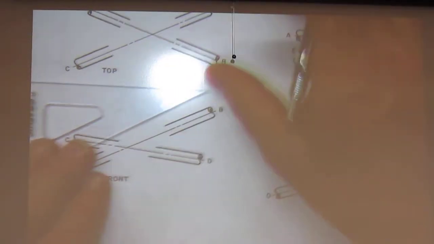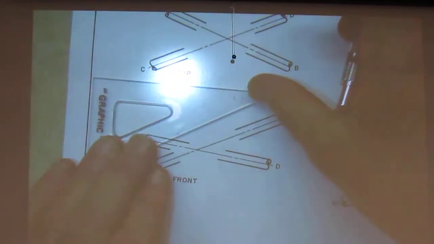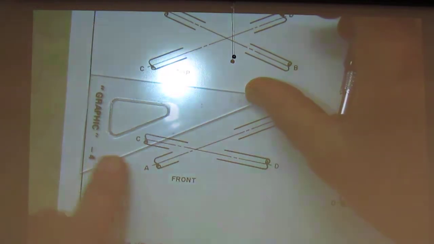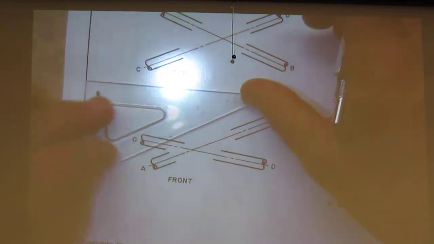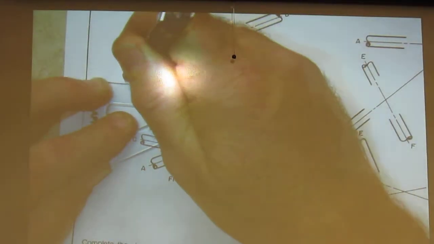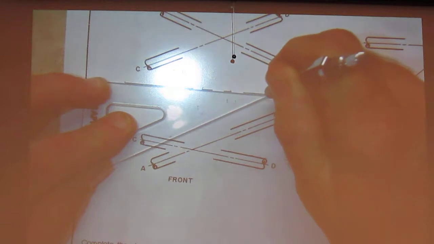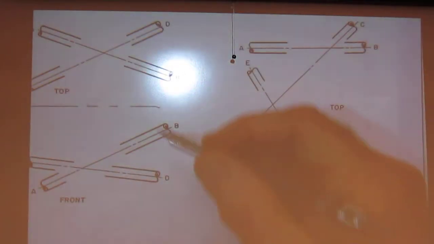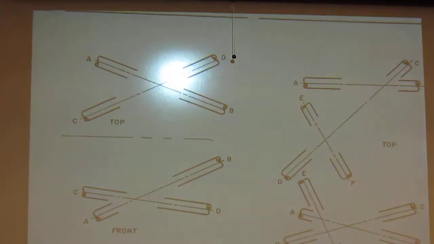So if you would, line yourself up with the edge of the page with the triangle, but use the border to keep yourself straight, and draw that viewing plane in between those objects so that you can then project correctly. Because you want to stay real straight with these things.